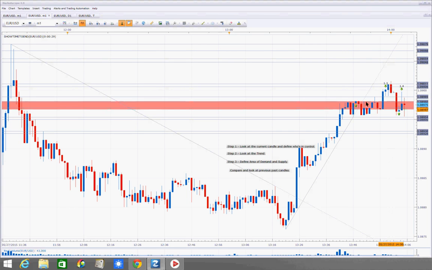So we have a lower high. Notice that the low broke through that low once again. Now we're getting this momentum correction for a continuation to retest the level of demand.